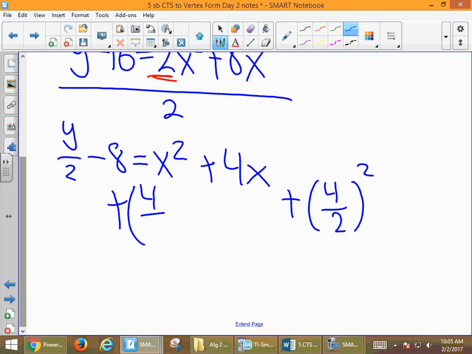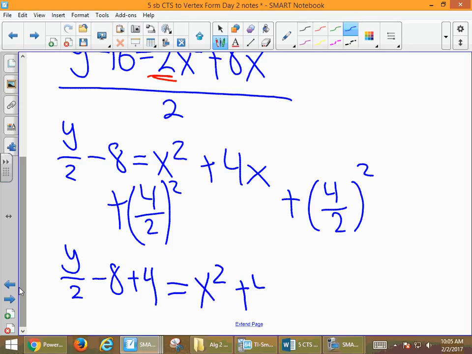And we have to remember that it has to be both sides to make sure they're still equal. And so we have y over 2 minus 8. And then what is 4 divided by 2? 2. And then what is 2 squared, Tiffany? 4. So we're going to add 4. And then we have x squared plus 4x, and it's the same thing. 4 over 2 is 2. 2 squared is 4.